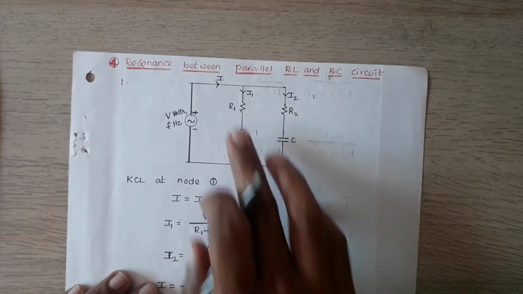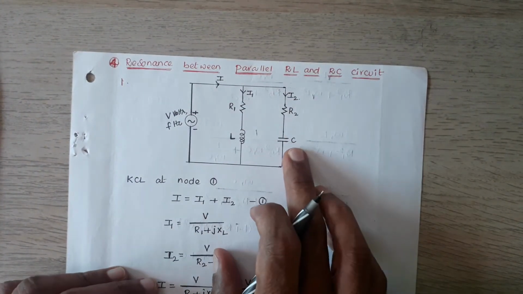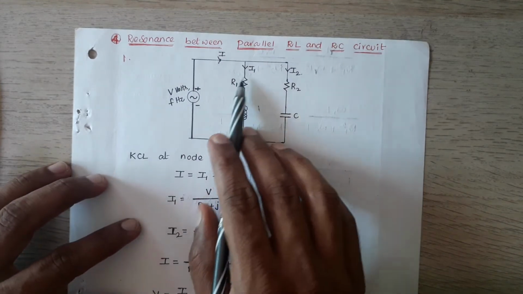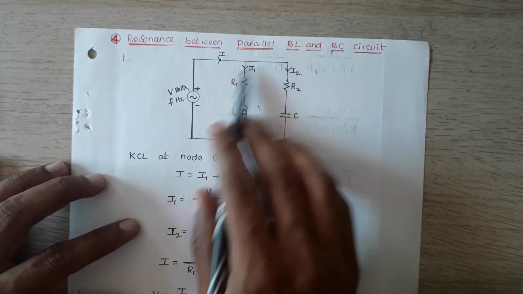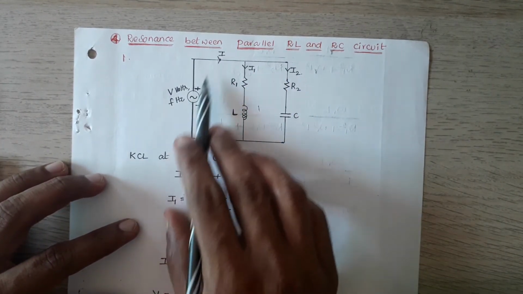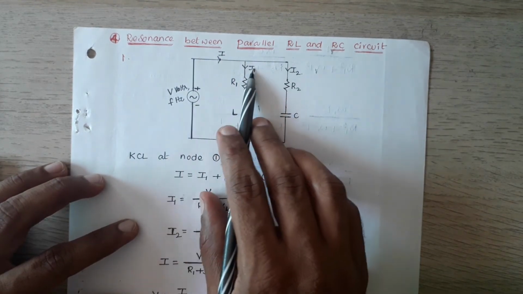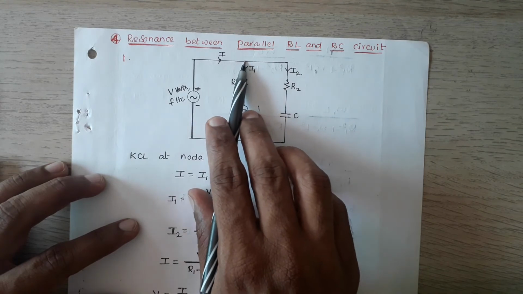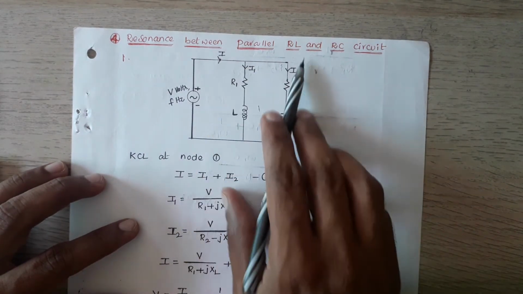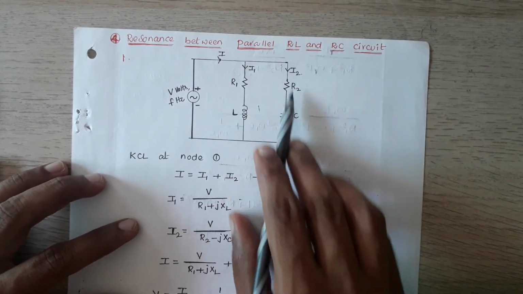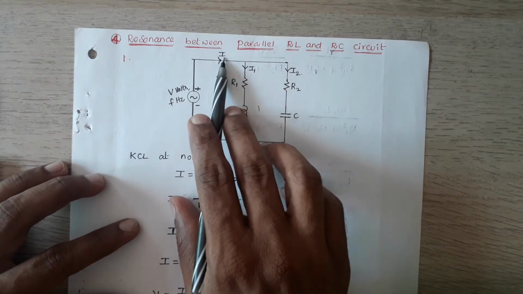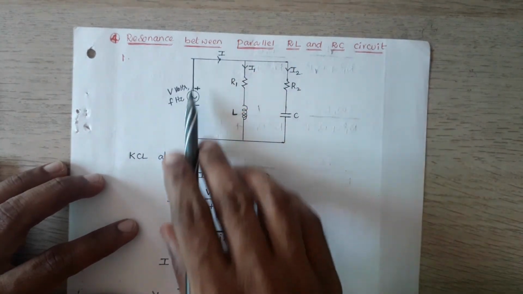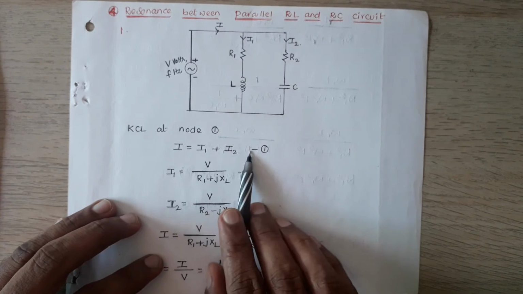When R1L and R2C are connected in parallel, this combination is connected to a voltage source, I is the current coming from the source, and I1 and I2 are the currents in the RL circuit and RC circuit. Apply KCL at this point: I equals I1 plus I2. I1 is the current in the RL circuit, I2 is the current in the RC circuit, and I is the current entering the combination from the source.